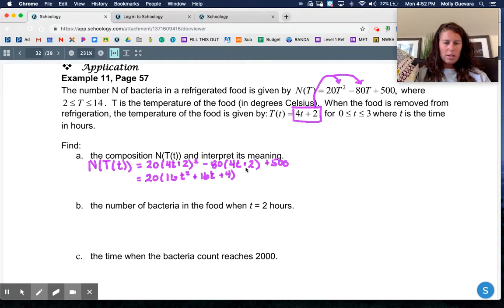Then I'm going to distribute this 80, so I have minus 320t minus 160 plus 500.